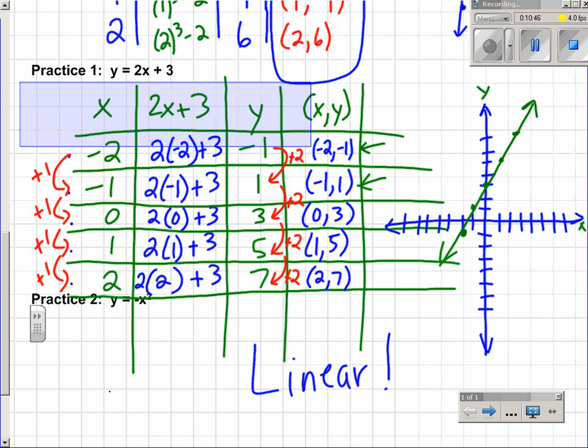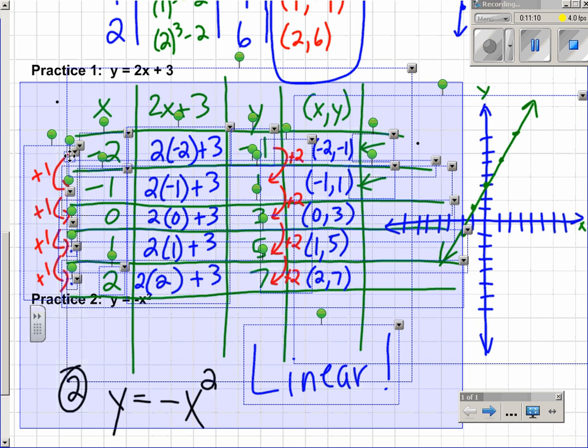As soon as this unfreezes, I'll write it below so you can see. And that is practice problem 2.